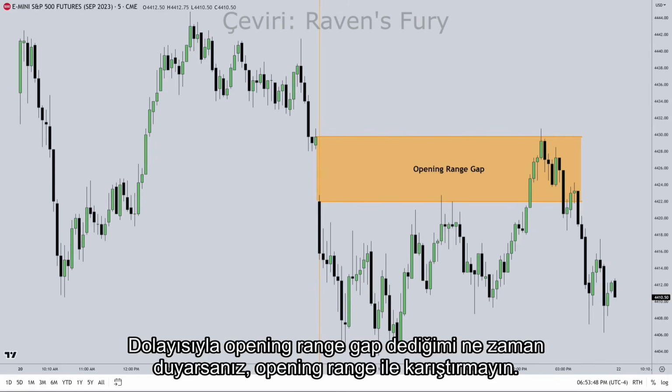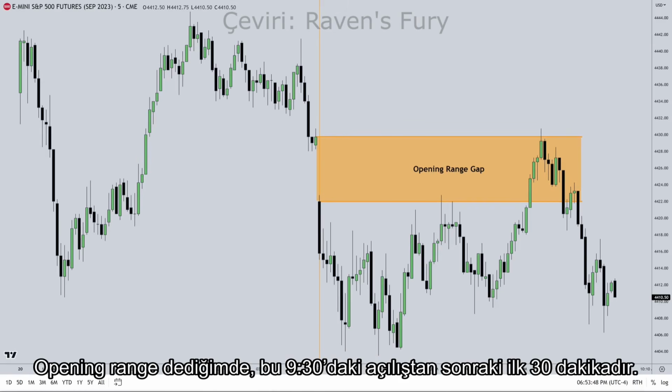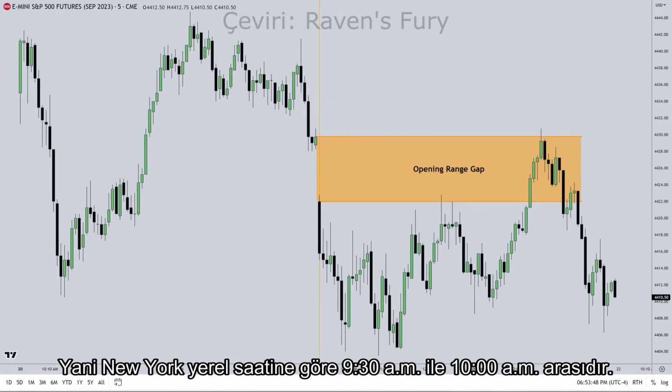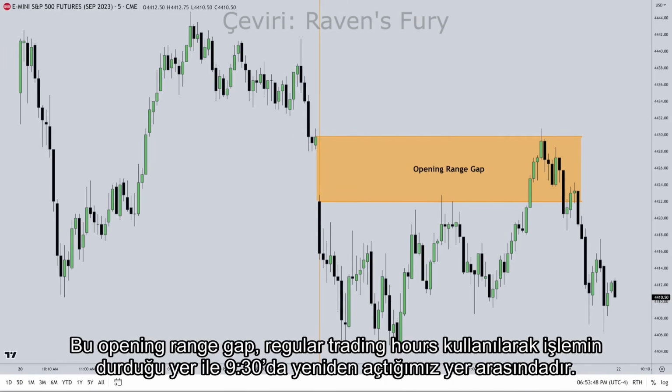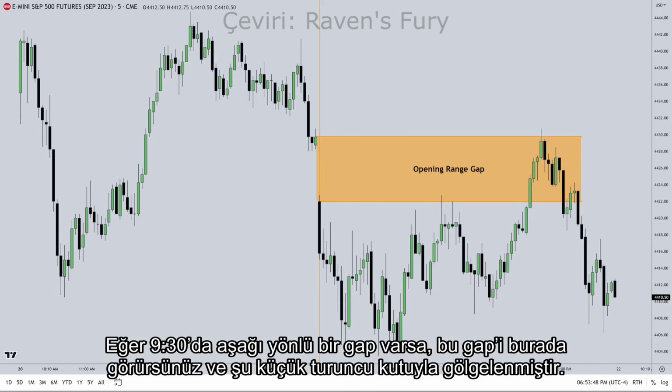So whenever you hear me say an opening range gap, not to be confused with opening range, when I say opening range, that is the first 30 minutes after the opening bell at 9:30. So specifically, it's 9:30 a.m. New York local time to 10 a.m. New York local time. This opening range gap is where we stop trading using regular trading hours and where we open up at 9:30. If there is a gap lower at 9:30, you will see this gap here. It's being shaded with this little orange box.